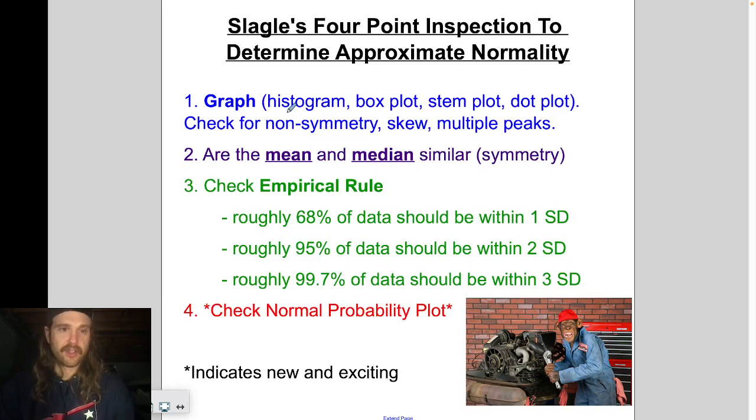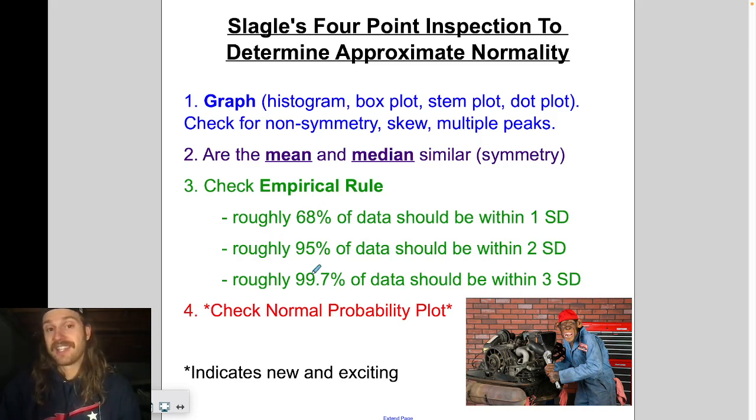So we've checked the graph, we looked at the mean and the median, and we looked at the empirical rule. Now, what you are likely to see for a failure in this department is you will have significantly less than 68% within 1 standard deviation. So maybe like 50 or something.